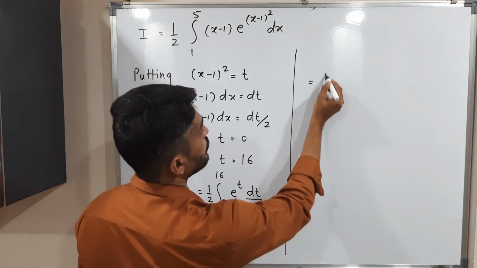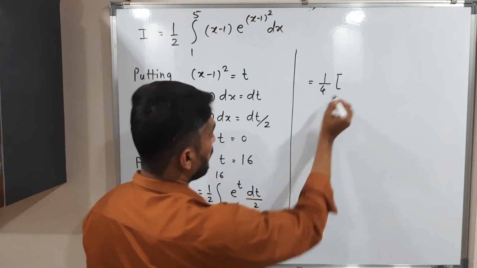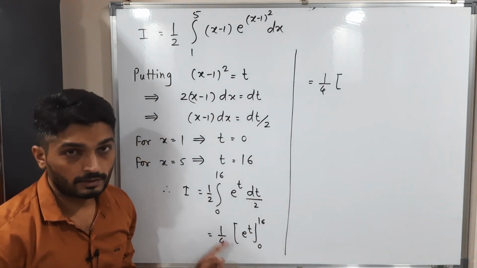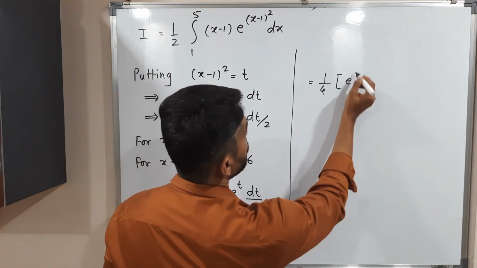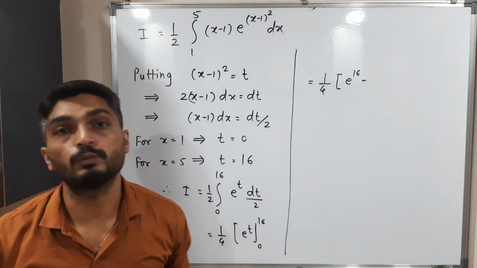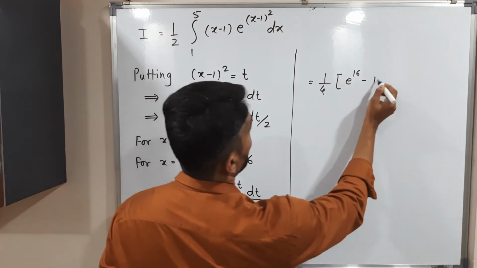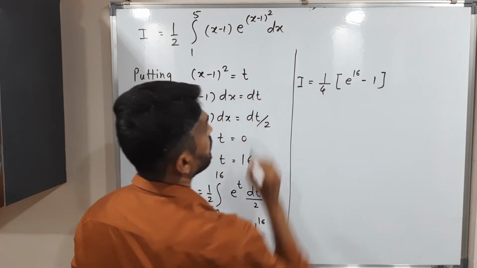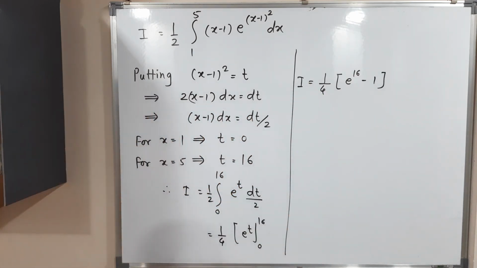So this is equal to 1 by 4. Now I am putting the upper limit in place of t, so e raised to 16 minus, if I put 0, e raised to 0, which is equal to 1. So this is the value of the given integral. So we changed the order of integration and we got this as the final answer. Make a screenshot of it, then we will stop. Thank you. Bye bye.